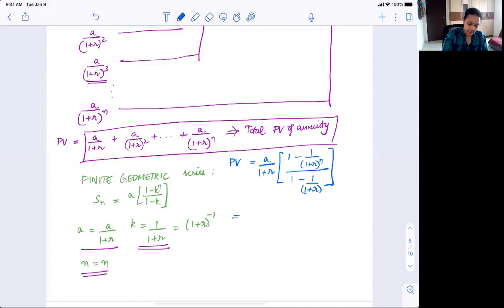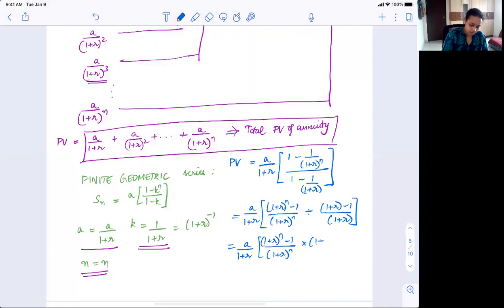If I expand and write this out, this is going to be (1 plus r) to the power n minus 1, by (1 plus r) to the power n, divided by (1 plus r) minus 1, by (1 plus r). If I expand and write this out, I have A by (1 plus r) into (1 plus r) to the power n minus 1, by (1 plus r) to the power n, into (1 plus r) by r.